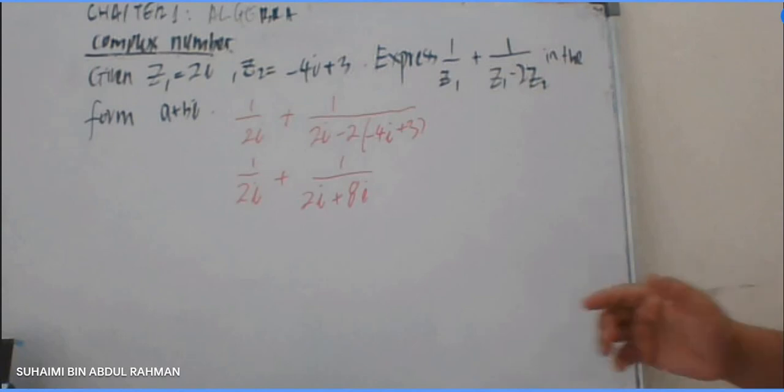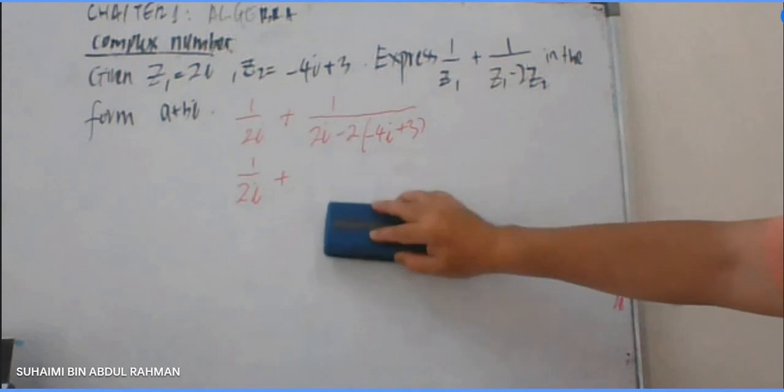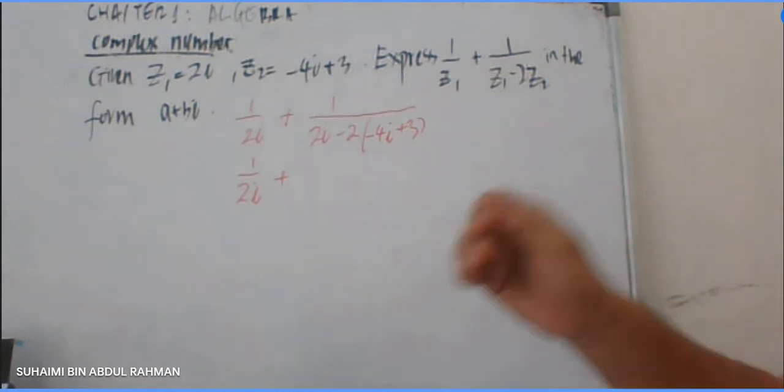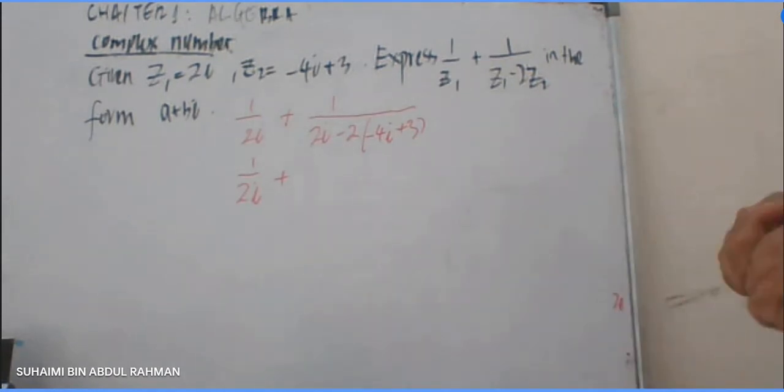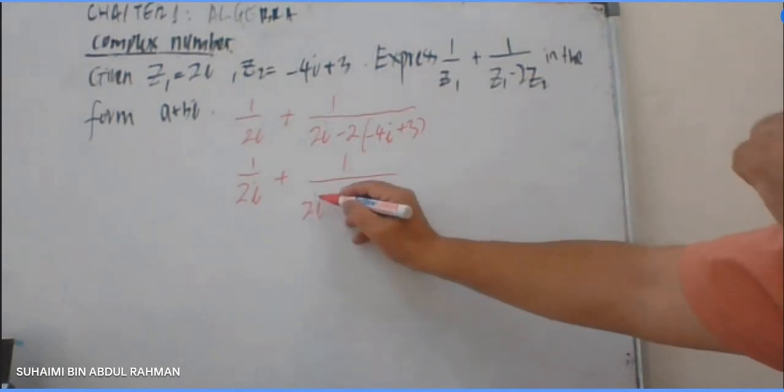Or not plus 8i here, right? 2 times 1 over 2i.